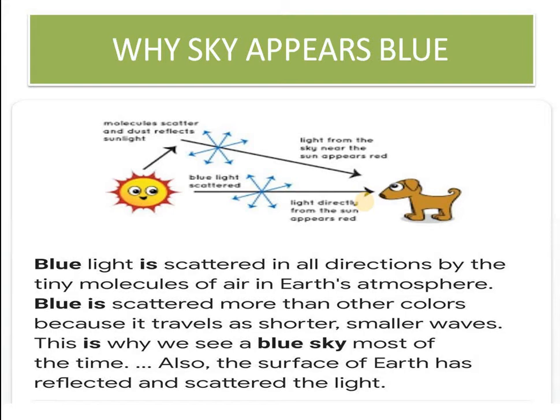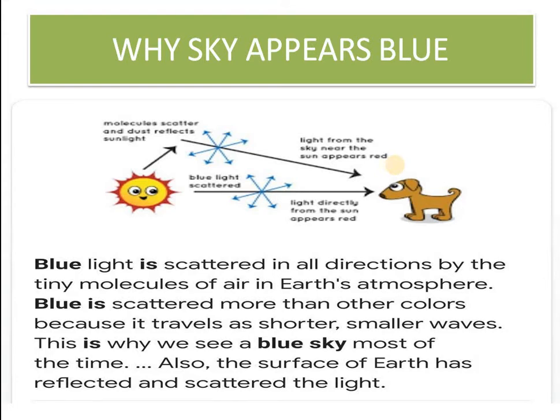Lesser the wavelength, more is the scattering. White light contains violet, indigo, blue, green, yellow, orange, red. In that, blue color has more scattering. That is why the sky appears blue, and that depends upon the size of the particles also.